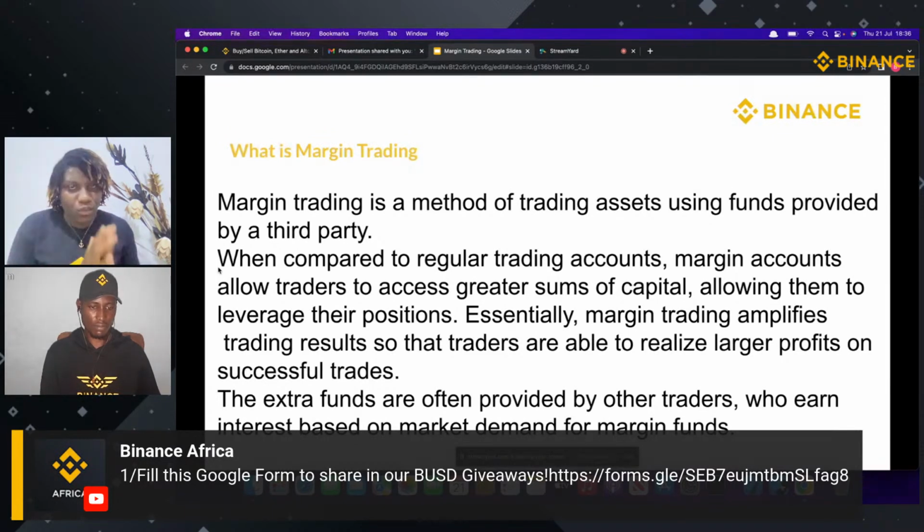So margin trading is just like spot trading, where you can trade various assets, but the only thing introduced here is leverage. This leverage allows you to have access to extra funds, which helps you amplify your gains as well as your losses. So let's bear that in mind.